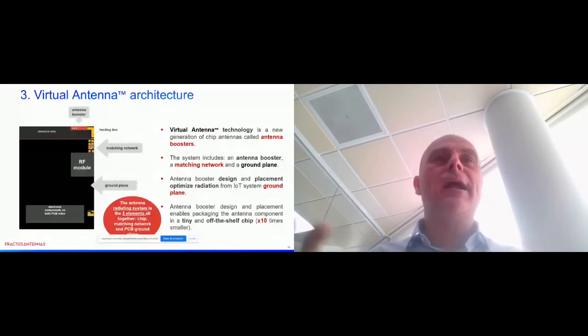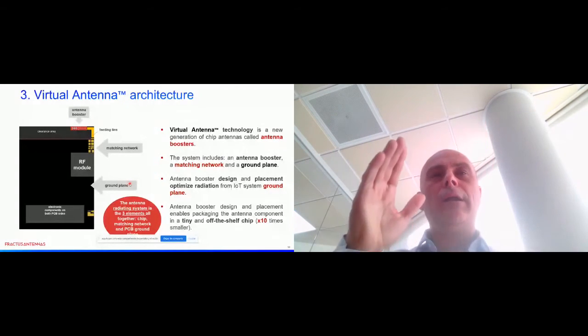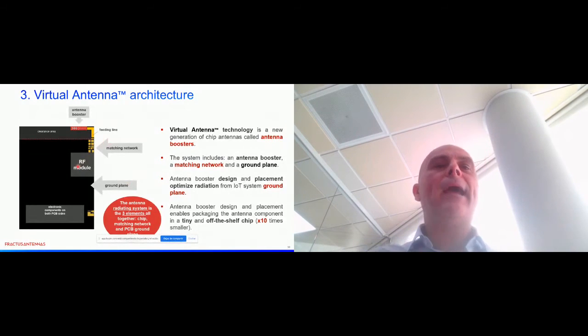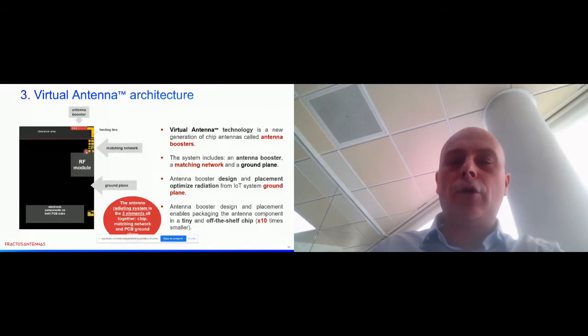And the third one is the ground plane of your device. The size of your device matters. So now that we know the antenna booster, let's have a look at the matching network and at the ground plane, and how both matter when designing your LoRa Edge device.